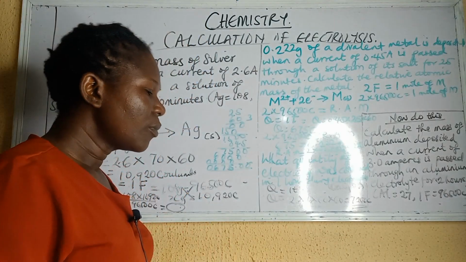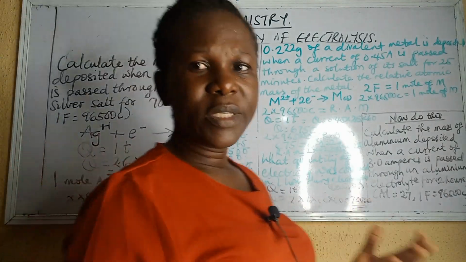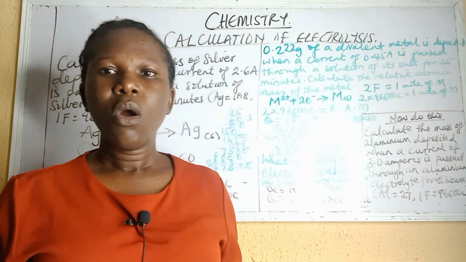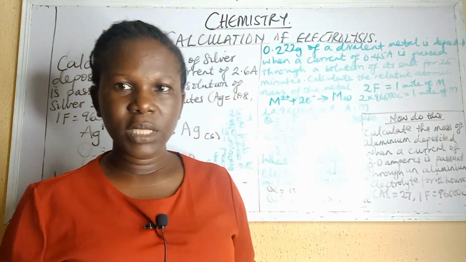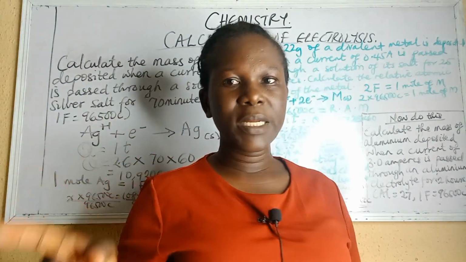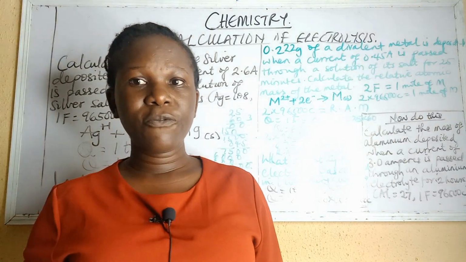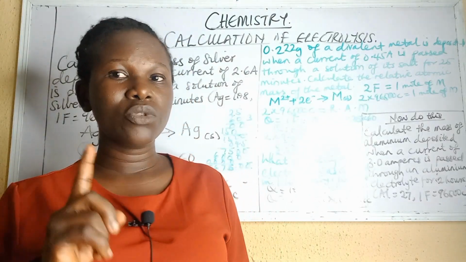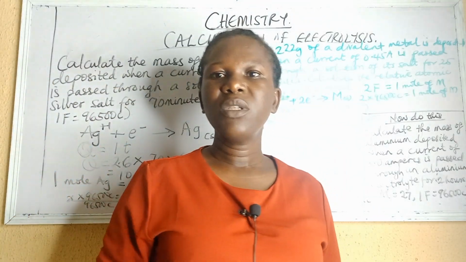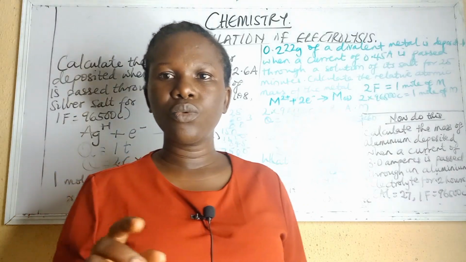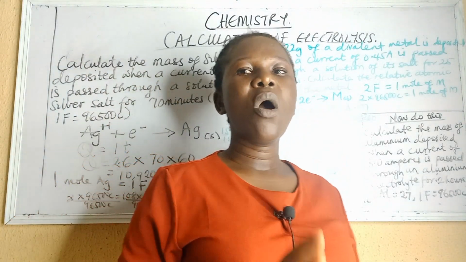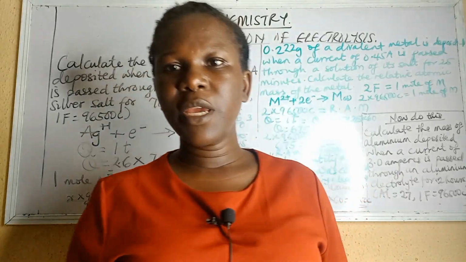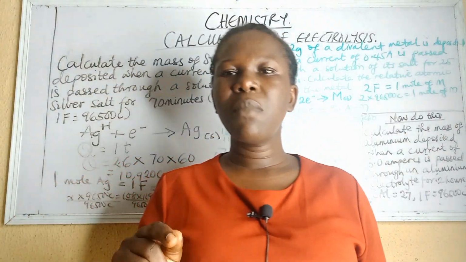Now, if you are dealing with oxygen in electrolysis, oxygen is liberated anytime hydroxide ion is deposited, and we usually have 4 Faradays of electrons liberating just 1 mole of oxygen. And oxygen is diatomic, that is O2, 16 multiplied by 2 to get the molar mass. So for all the diatomic elements, we have to be very careful; we multiply the atomic mass by 2.